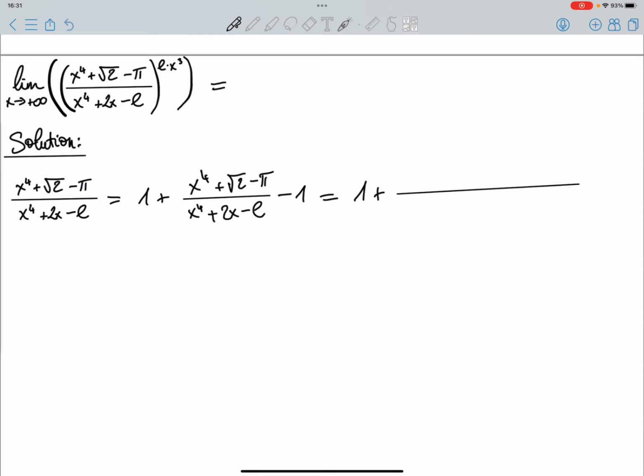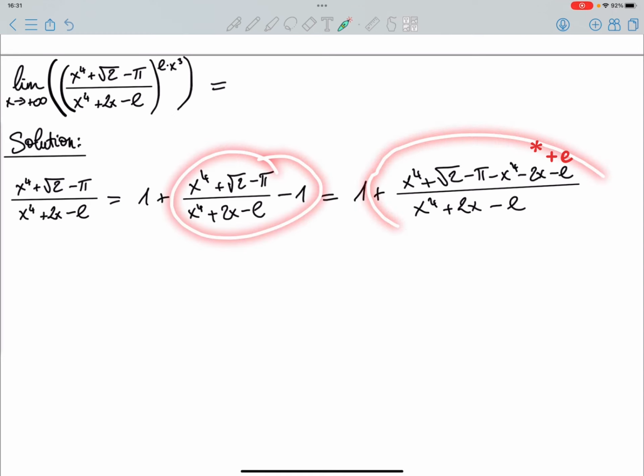So this is equal to, now we're going to write this under one single fraction, right? We have x to the power 4 plus 2x minus e in the denominator, and on the numerator we have x to the power 4 plus square root of 2 minus pi, then minus x to the power 4 minus 2x minus e. So basically we have written this under one single fraction.